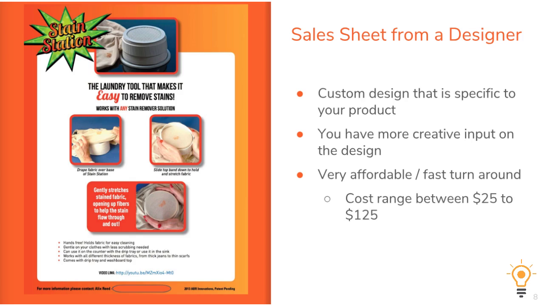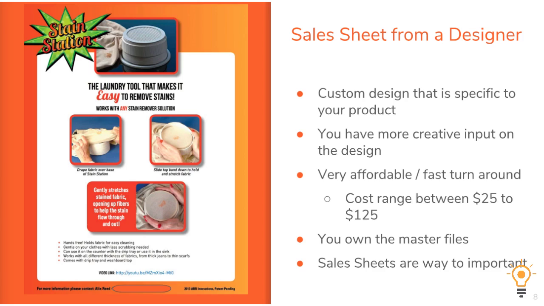Costs can range anywhere between $25 to $125, and you're going to own that master file of that design. So if you want to ever change anything, you can just send that master file to any designer and they can fix or add or change whatever you need.